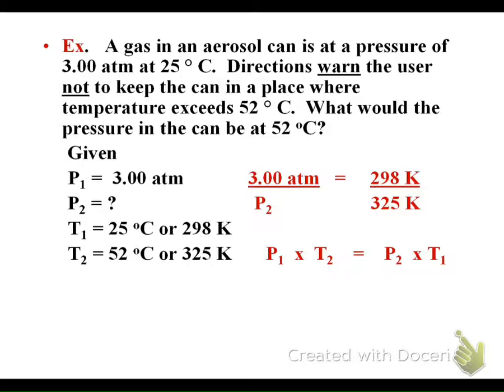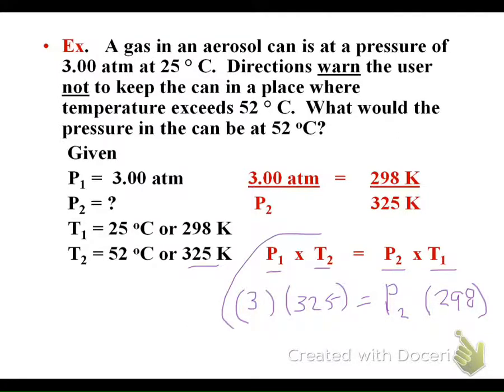In this example, P1 T2 equals P2 T1, and you write your variables underneath: 3 atmospheres, our T2 is 325, and that equals P2, which is our variable, and T1, which is 298.